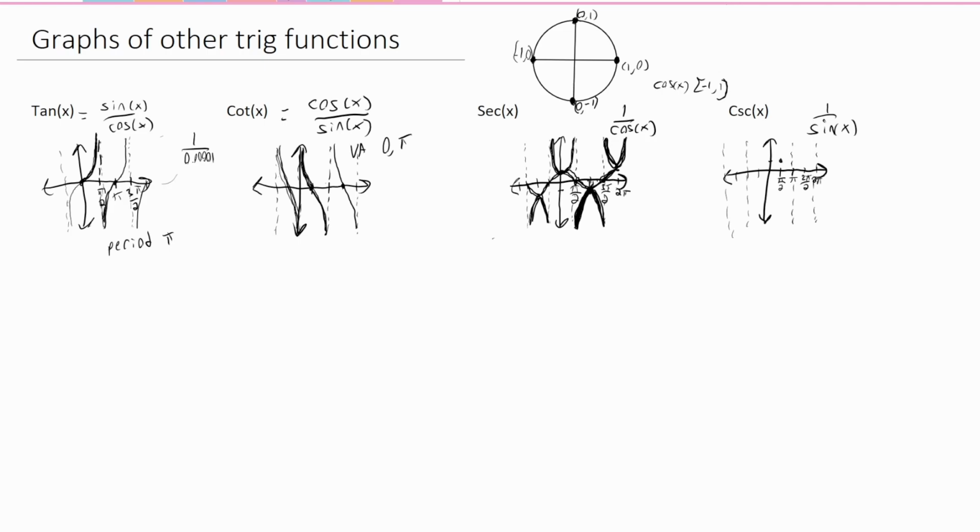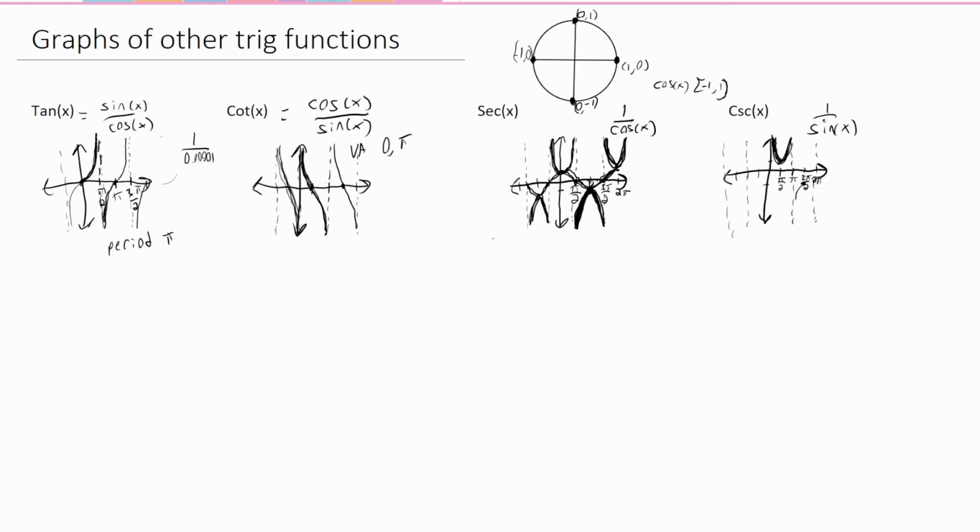Because in the first and second quadrant, our y values are always positive. So 1 divided by a positive number is always going to be positive. So our parabola here is going to be jammed in between these two vertical asymptotes, and it's going to have a vertex at 1. Similarly, when we look at 3 pi over 2, we're going to have the point -1, because again, at 3 pi over 2, our y value is -1, and 1 divided by -1 is going to be -1.